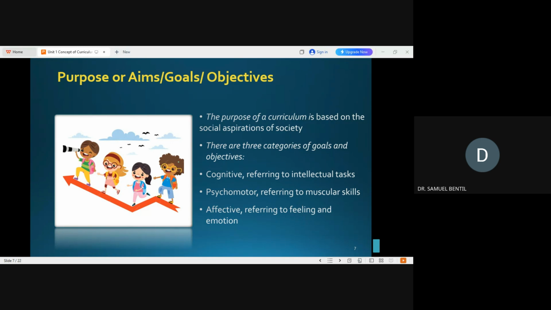Meaning that when we say the school is a microcosm of a macrocosm society, what we are trying to say is that the school dwells in a society to fulfill certain aspirations of the society. That means that the school is not there to do its own bidding. So whatever the school is doing must realign to the needs, the aspirations, the concerns, and the demands of the society.